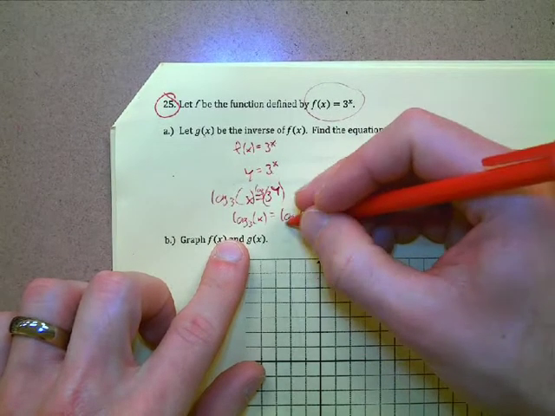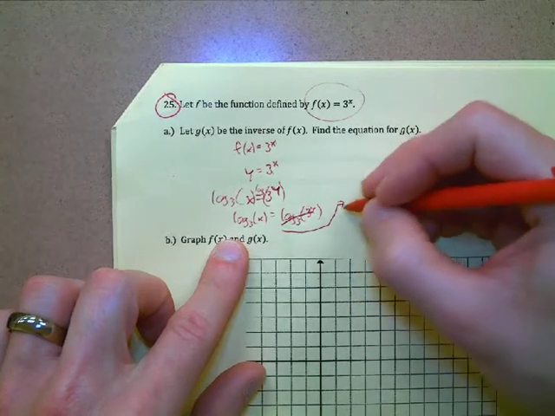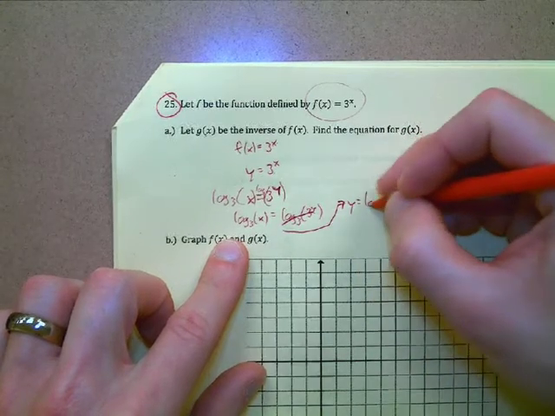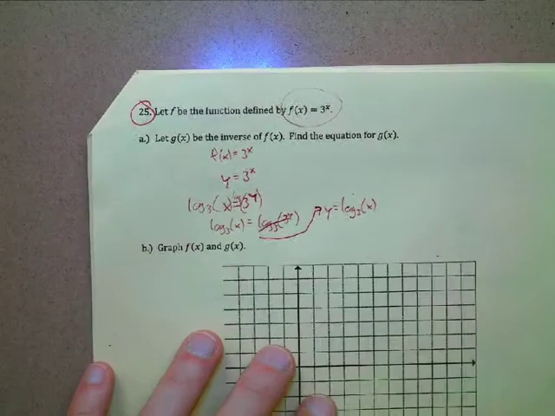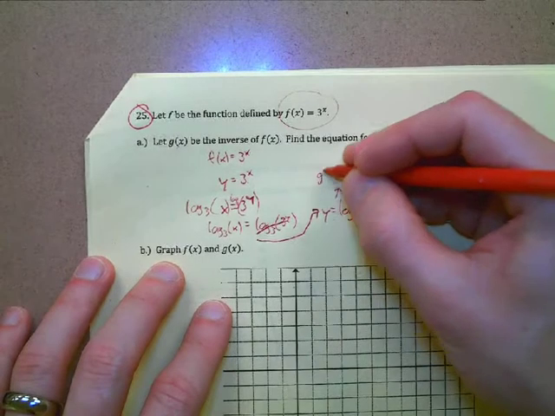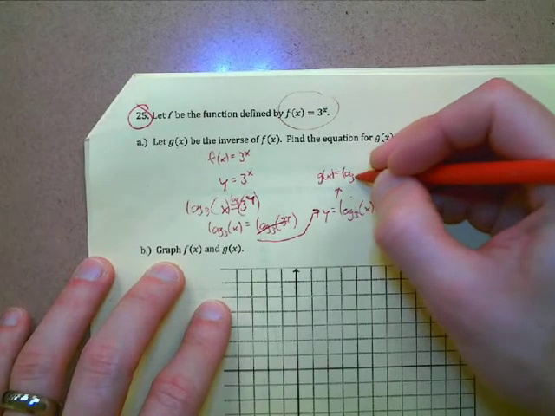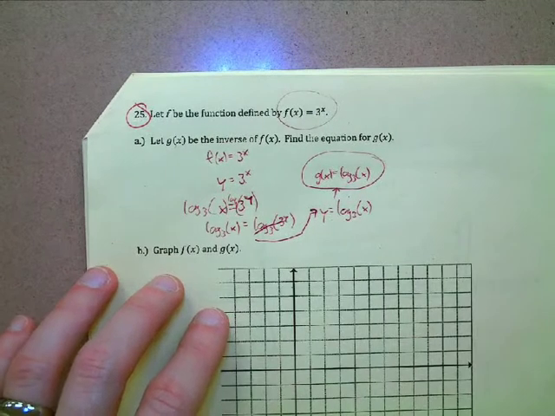The log base 3 and 3 will cancel. I'm running out of space, so I'll put it over here. So we'll have just y equals log base 3 of x. And so this is our inverse. Okay, that's our inverse right there.